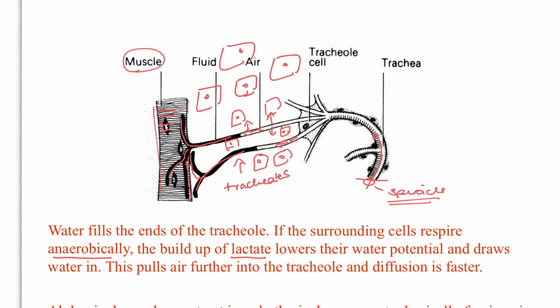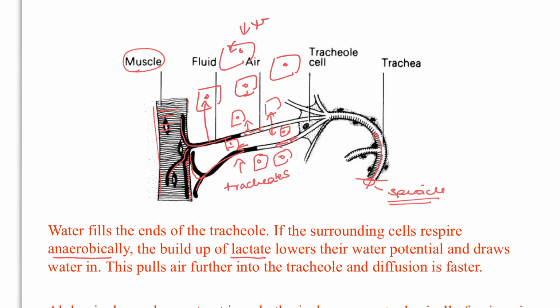The lactic acid will lower the water potential inside these cells. Therefore, water will move from inside the tracheoles into the cells down its water potential gradient. That means that the level of water in the tracheoles decreases, increasing the area available within the tracheole for air.